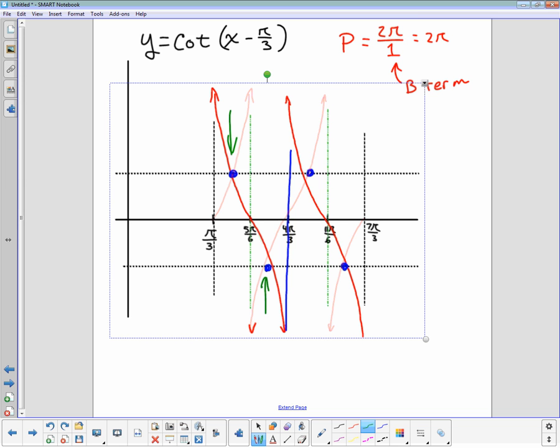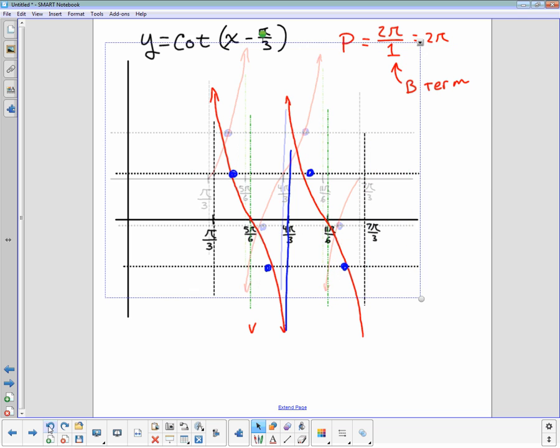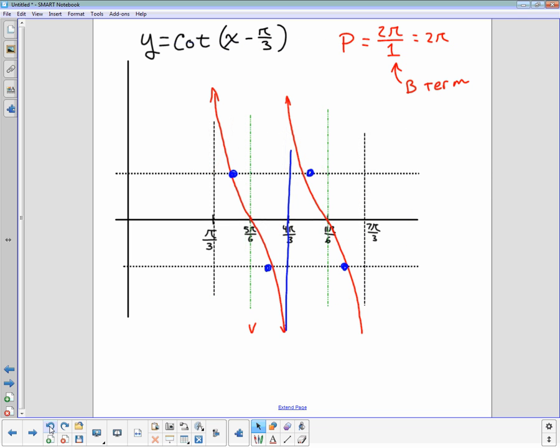So that's why the cotangent and the tangent intersect. Right? Okay, good. Okay. Now that I've thoroughly confused all of you.